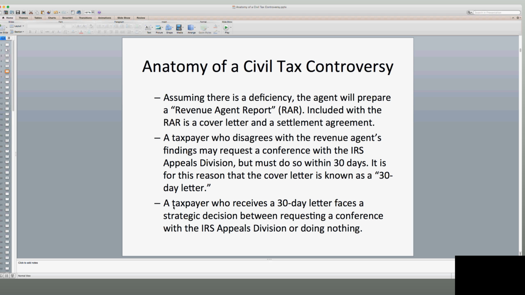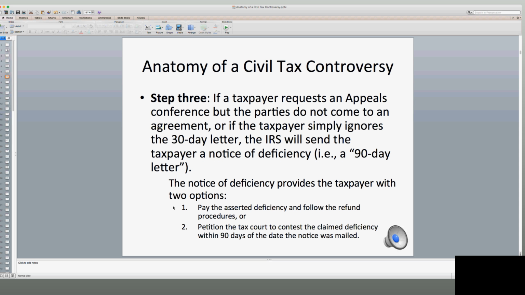It's for this reason that the cover letter is also known as a 30-day letter. Now, the taxpayer who receives a 30-day letter faces a strategic decision, and that decision is between requesting a conference with IRS Appeals or doing nothing. I'll discuss with you the consequences of going down each path.